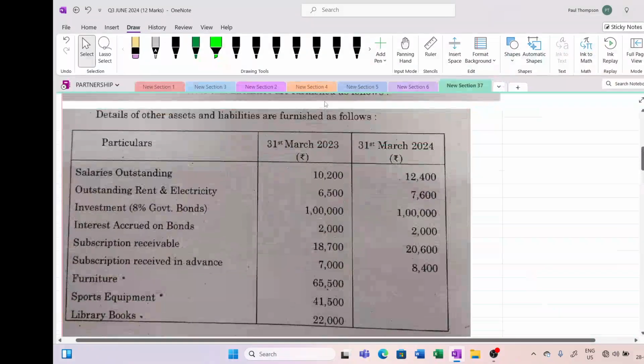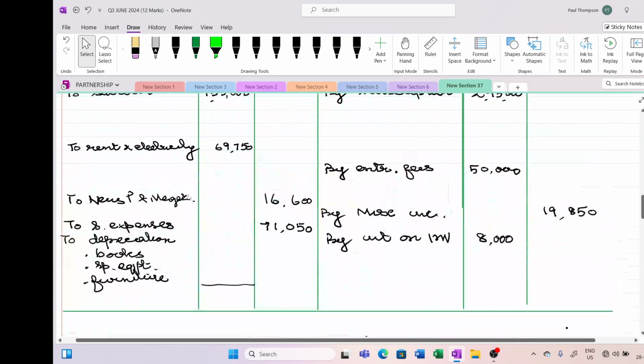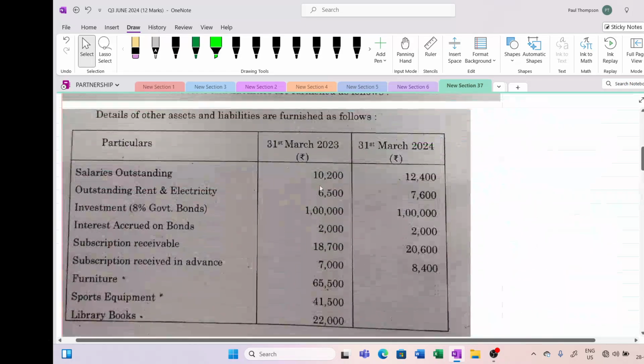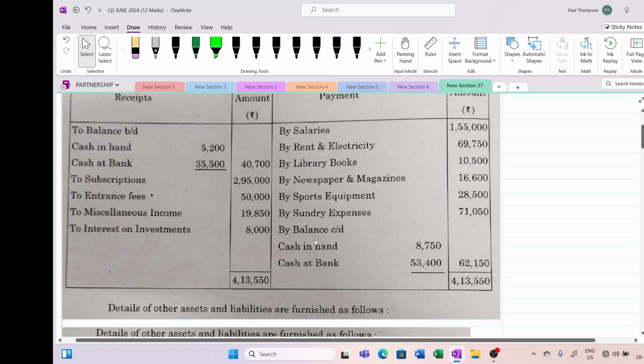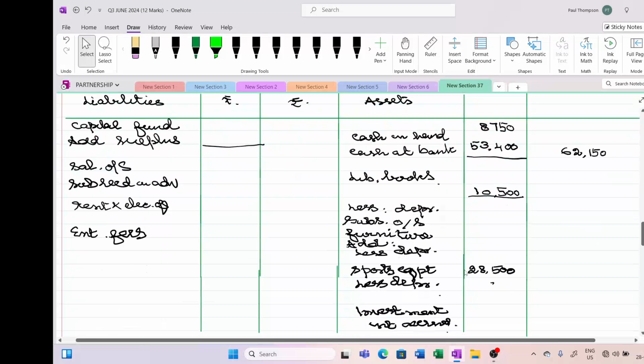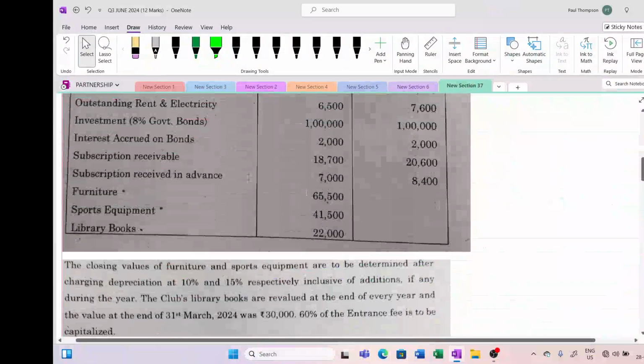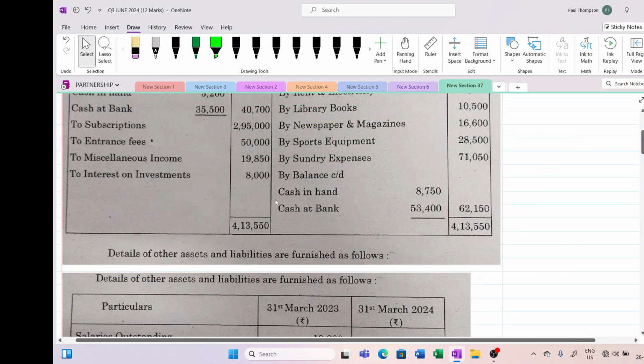Okay, so now moving on, sports equipment is over. Sundry expenses, that is posted on the debit side 71,050, and then the cash and bank will appear in the current balance sheet, 62,150. Here I posted that. Okay, so the posting of receipt and payment account is over.